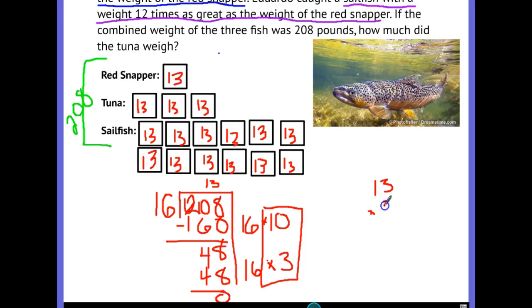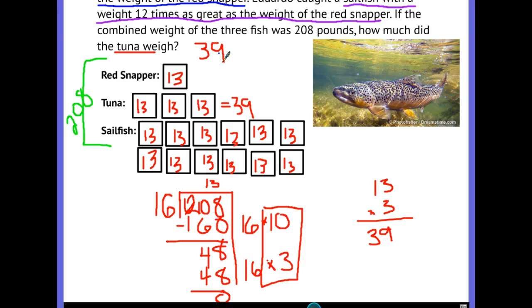Because remember, if we look back at our question, it's not asking for the weight of all the fish. It just wants to know how much did the tuna weigh. 13 times 3. 3 times 3 is 9. 3 times 1 is 3. So, altogether, our tuna weighed 39 pounds. So our answer we're going to put up here is 39.